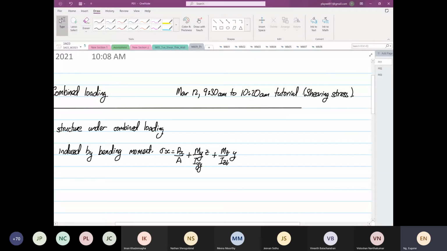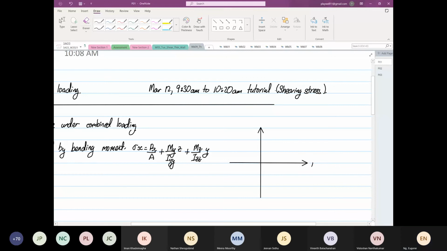So that is the most general one. The most general trend that you see, and I finally got my camera on so you can see me. So the most general form in terms of bending stress, this is our stress in the x direction. Let's say we look at y, so we have a trend that looks like this.